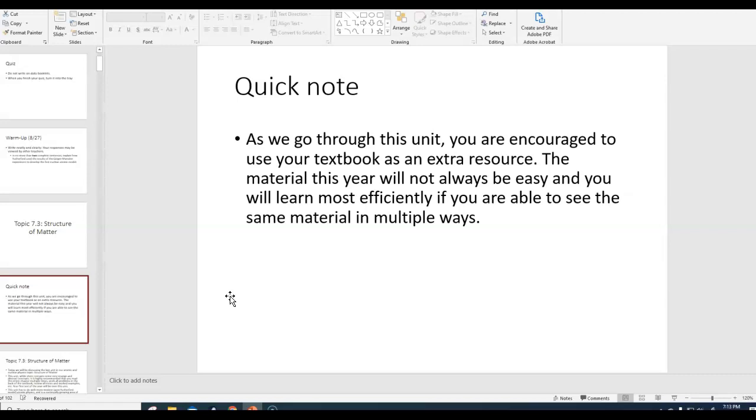But a lot of the concepts that we're going to be talking about in topic 7.3 involve things that are not really taught at the high school level, and in a lot of cases are not even taught at the undergrad level in college. Even though I have my degree in physics, a lot of these are things I did not learn myself in college because they're normally taught at the graduate level.